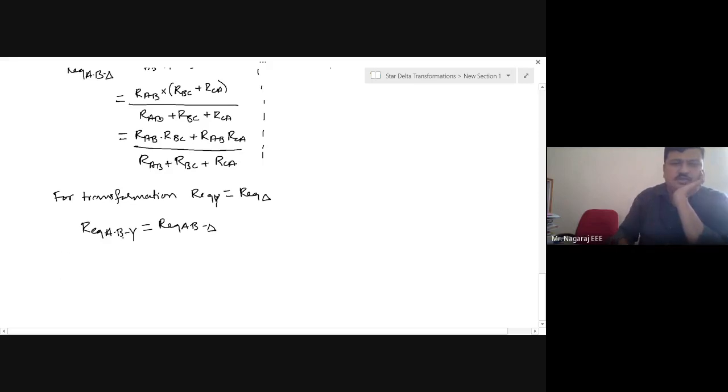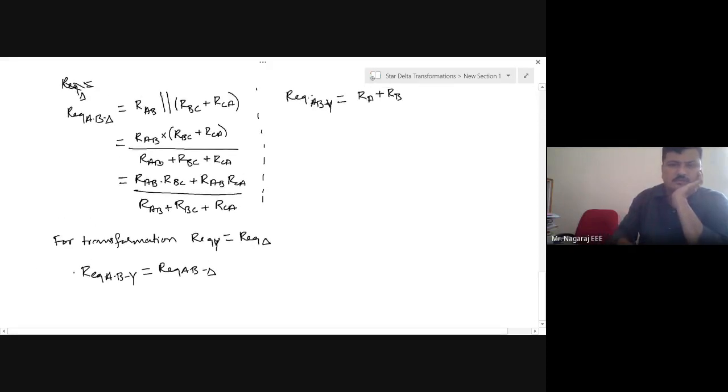So this implies that R equivalent between A and B in star is RA plus RB.